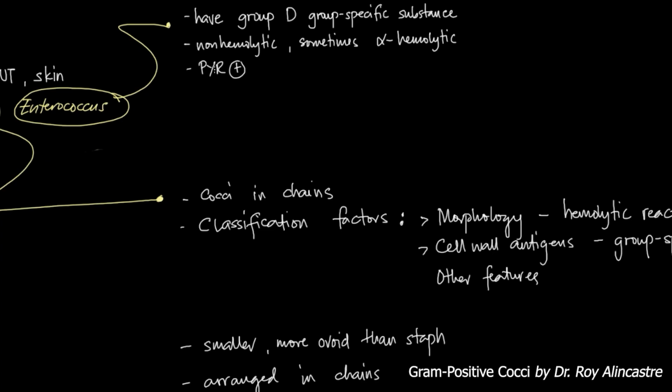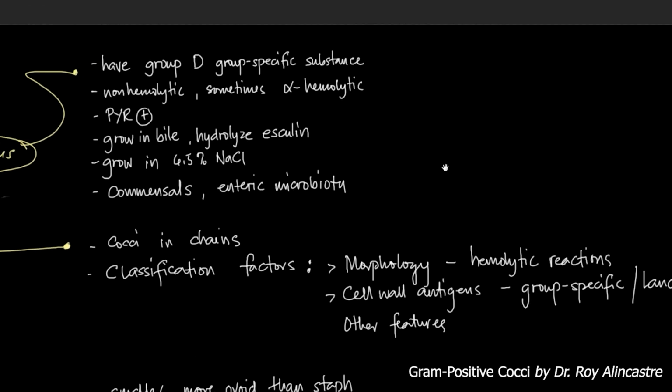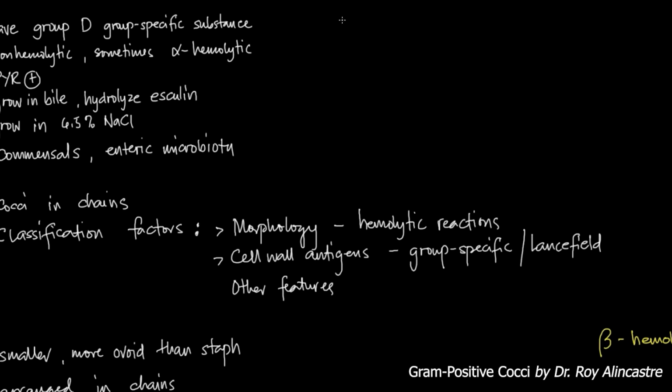They grow in the presence of bile and hydrolyze esculin, and they grow well in 6.5% sodium chloride solution, no? Contrary to the other group D strep. Enterococci are commensals and are part of the normal enteric microbiota. And the two most common species are Enterococcus faecalis and Enterococcus faecium.